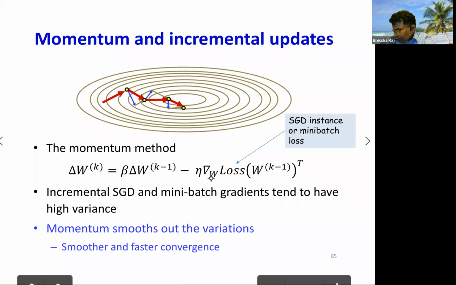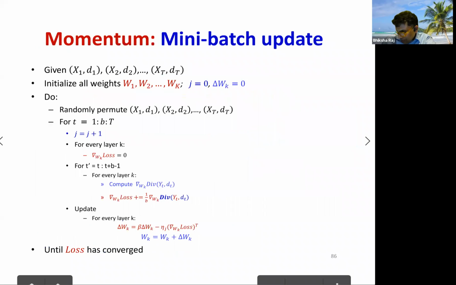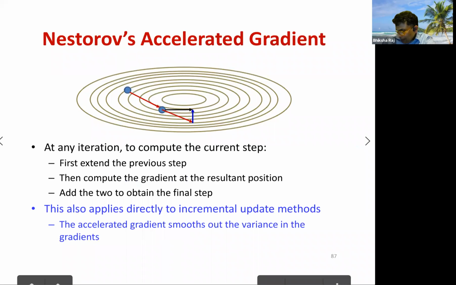So SGD and mini batch updates tend to have higher variance, and the smoothing effect of momentum has greater benefit. It can lead to smoother and faster convergence. I have the pseudocode, let me skip that.